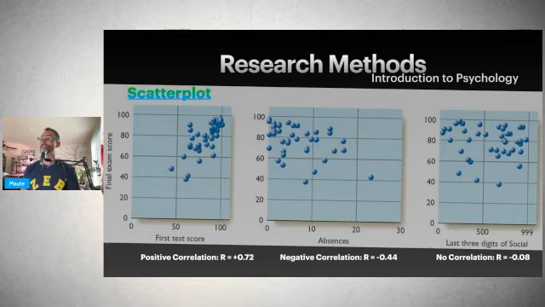And another way to say that is, as one variable decreases, the other variable increases. So as it applies to absences, the fewer absences, the higher your final exam score. The more absences, the lower your final exam score.